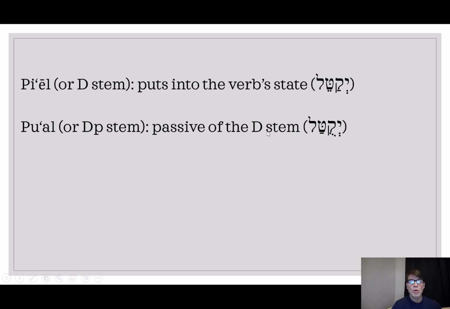Okay, so that's not hard, really. And again, the D stem means to put it in that state. And so the pual of it is to be put into that state. So if to break, shavar, is the G stem, then the D stem, shaver, is to shatter, to put into a broken state.